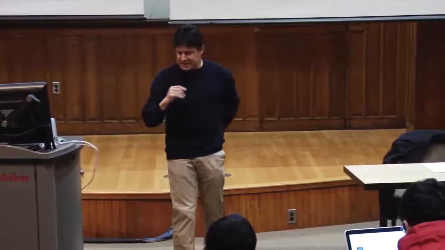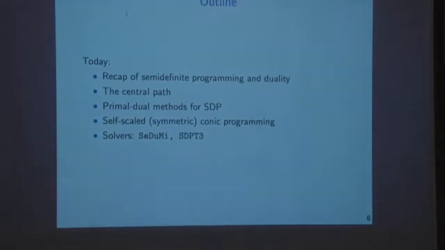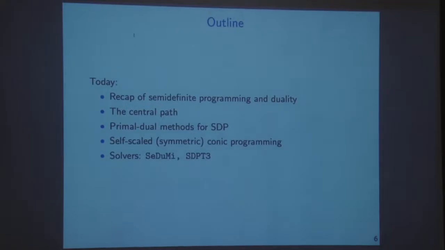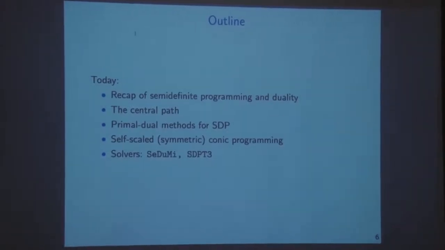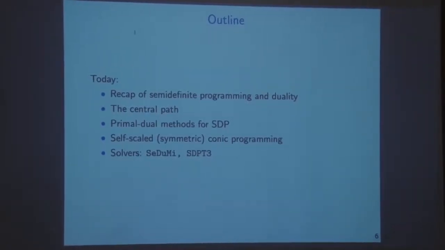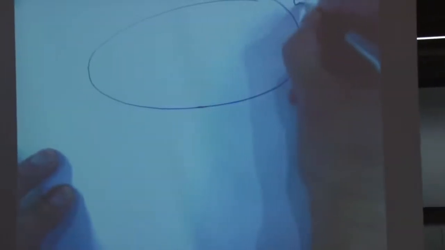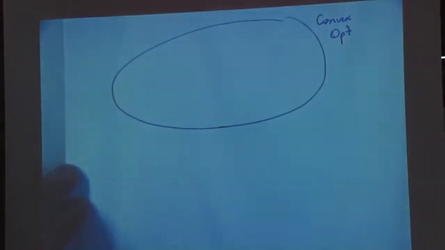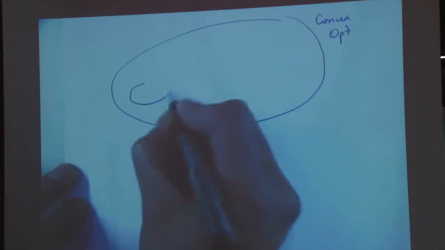What we are doing today is taking a very nice step from linear programming to semi-definite programming. And I want to draw a little diagram that I drew a few weeks ago when I first spoke to you. If you think about the class of convex optimization problems, this is a large class of problems. Linear programming is a small class here.